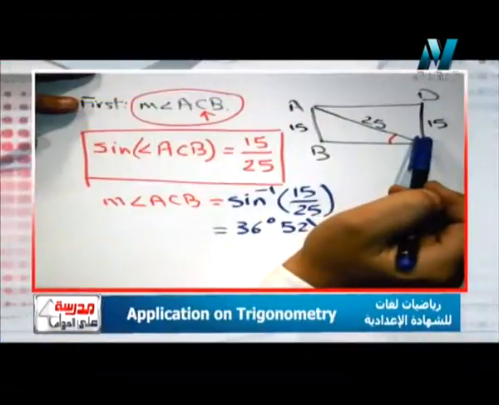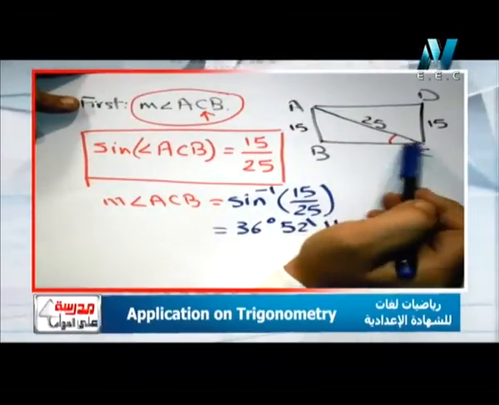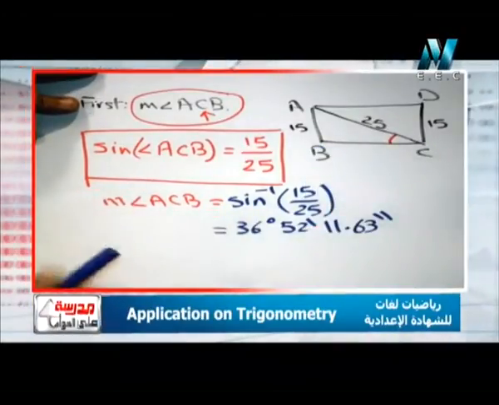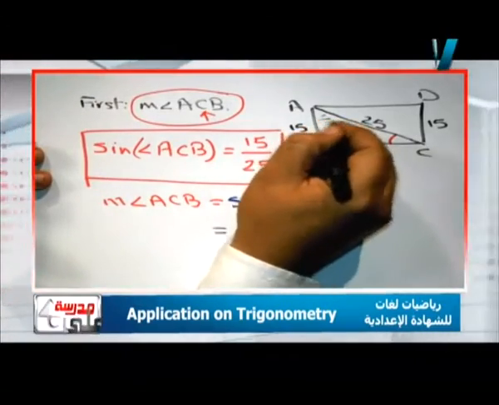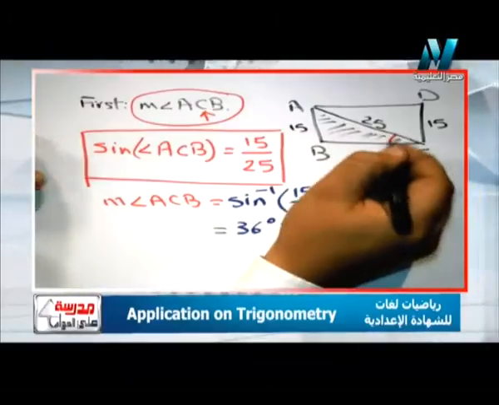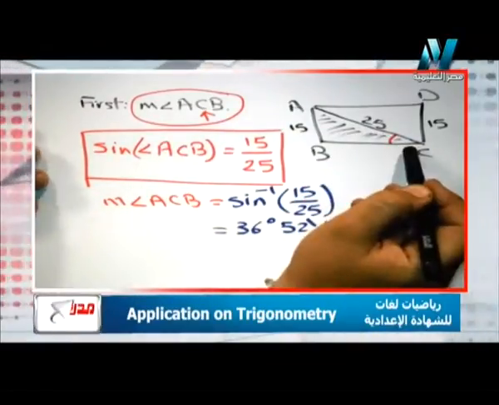As you see in the shape, I have the width of the rectangle, which is 15 centimeters. So I have to find the length of the rectangle, which is BC. Usually I can find BC using Pythagoras' rule, because we have a right angle triangle here.